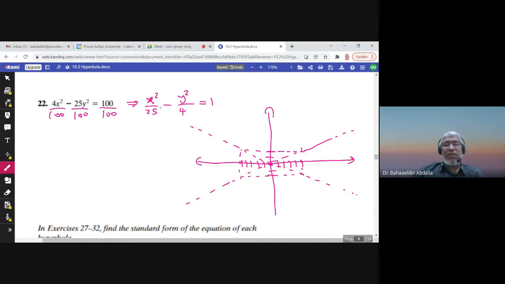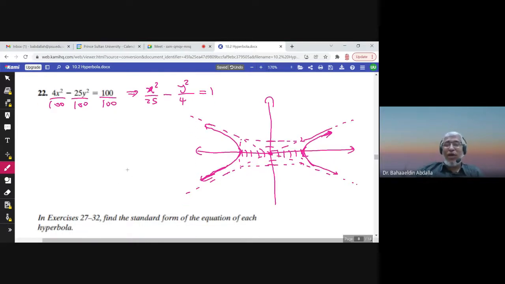Where are the vertices? Horizontal, so the vertices are here. This is the graph of the hyperbola. Excuse my sketching, but I think you know the idea.